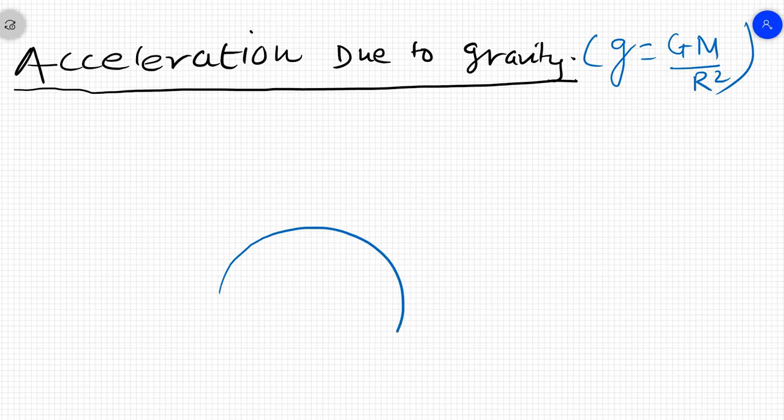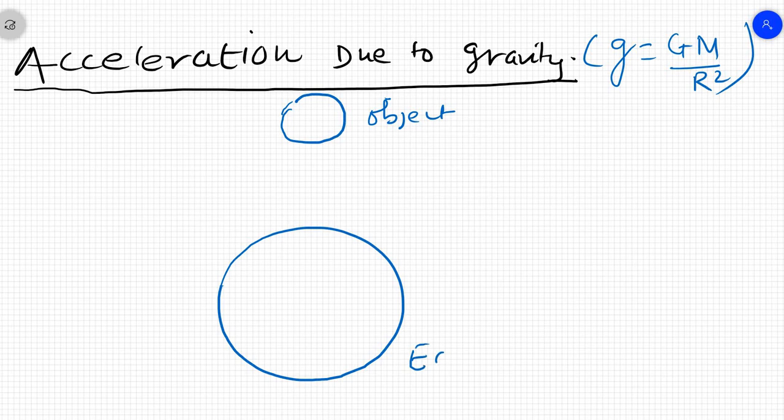Say this is the heavenly object attracting the small object lying near on its surface. This object is attracted by the heavenly object, the earth.